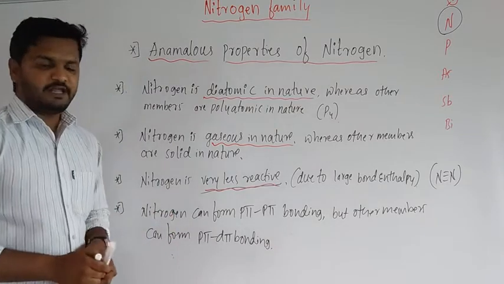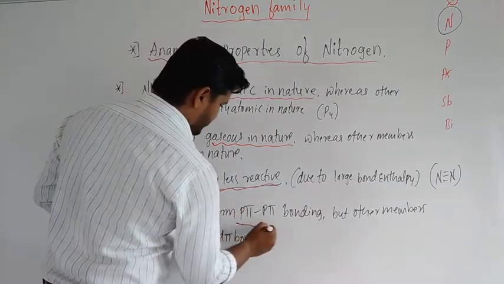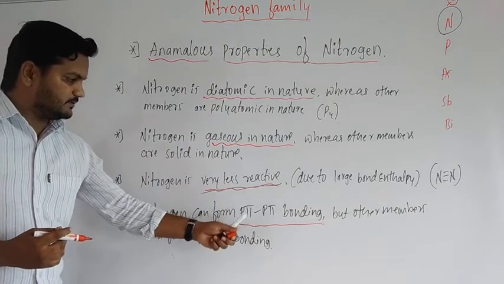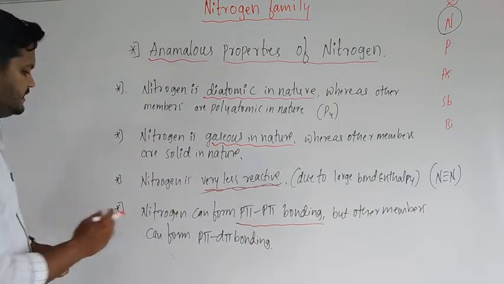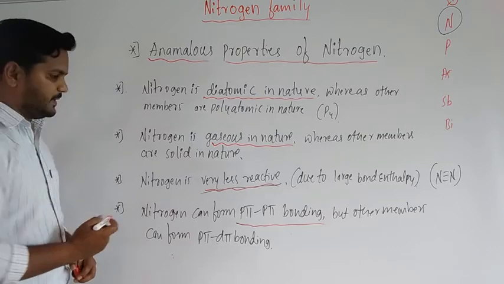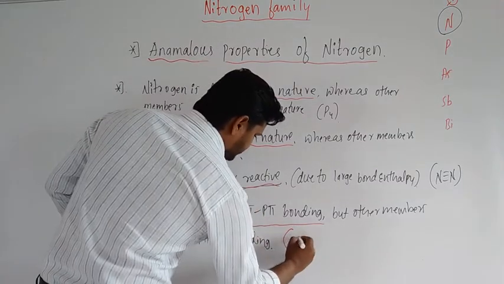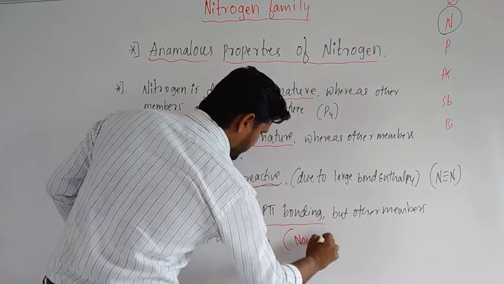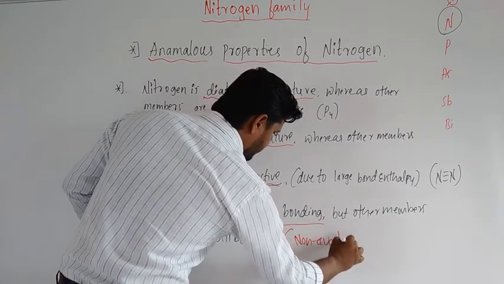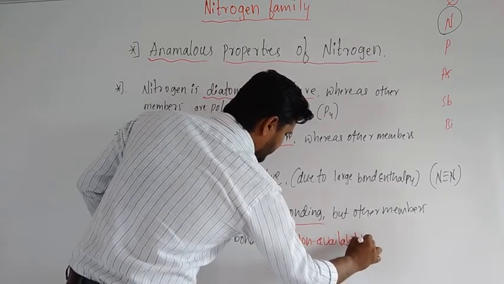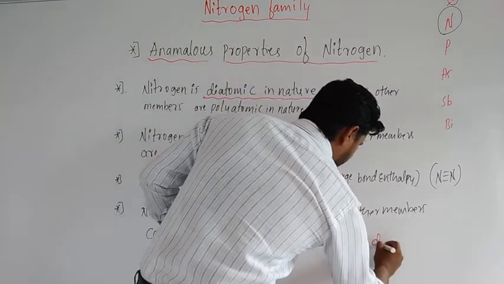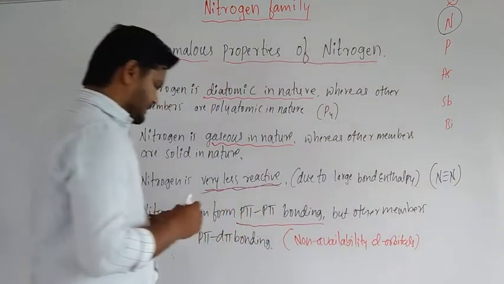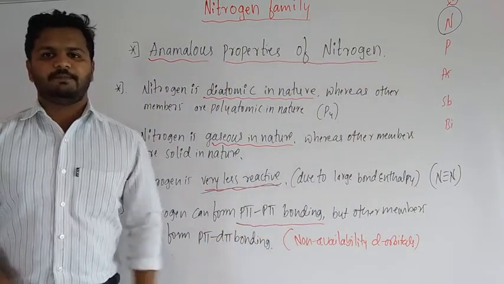Nitrogen can form only p-pi bonding, whereas other members can form p-pi and d-pi bonding. The reason is the non-availability of d orbitals. Due to the non-availability of d orbitals, nitrogen can form only p-pi bonds.